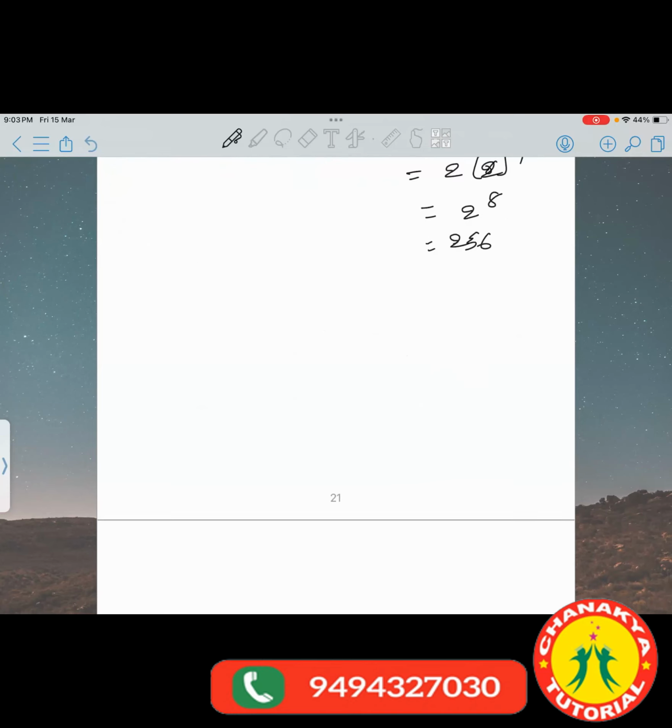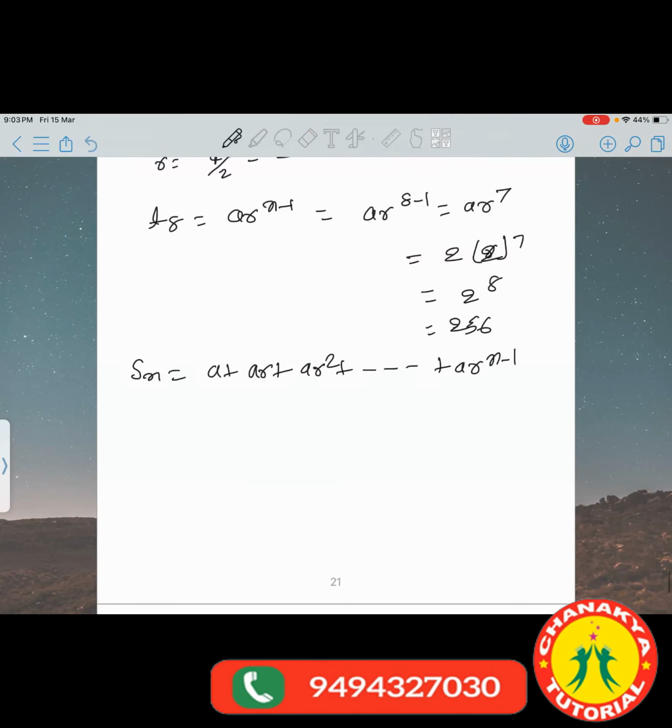Now, anyone know the Sn formula? Sn is equal to the sum of the Tn terms. Sn is equal to a plus ar plus ar square, up to ar power n minus 1.